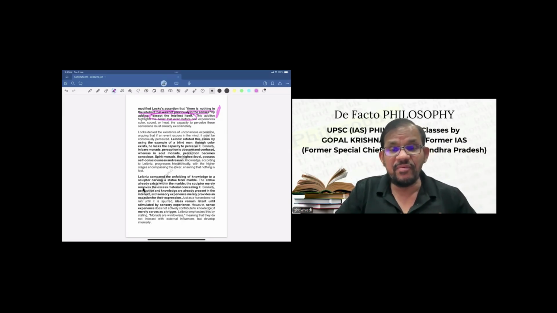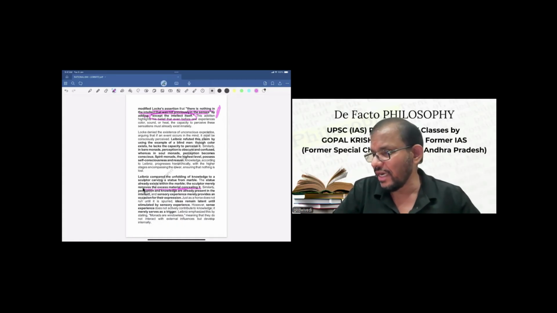Leibniz compared the unfolding of knowledge to a sculptor carving a statue from marble. The statue already exists within the marble, but the sculptor merely removes the excess material concealing it. So basically, he has given this example of how knowledge is derived from the mind or innate ideas.